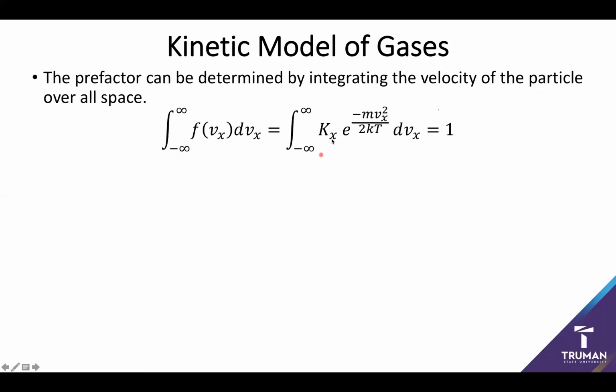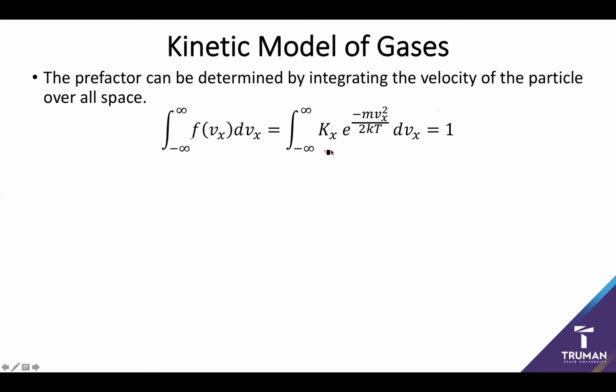So what this really ends up helping show us is that this prefactor kx is what we call a normalization constant. What it really does is ensure that this property is upheld, that my molecule has to have a given speed. So before that, it turns out that the probability distribution is just proportional to this exponential value.